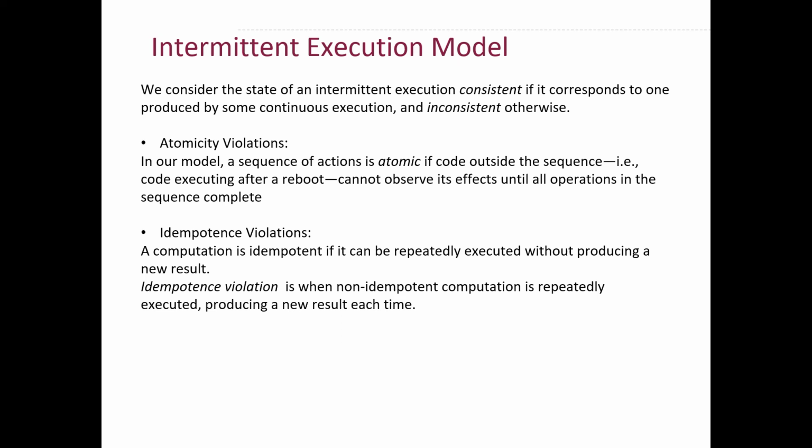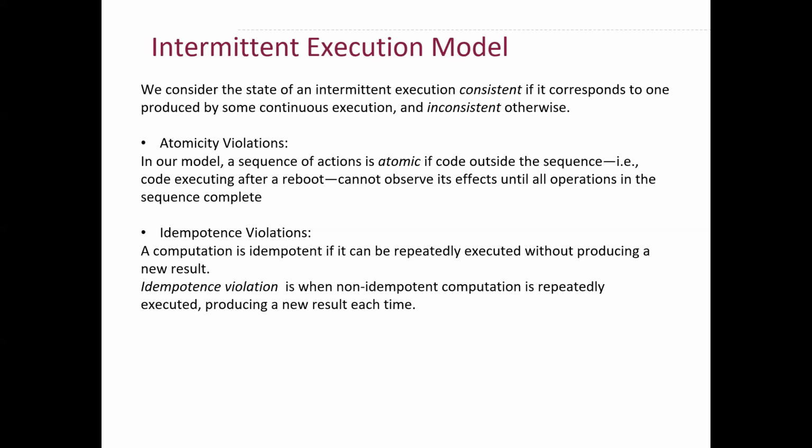Next is idempotence. A computation is idempotent if it can be repeatedly executed without producing a new result. So we say that an execution experiences an idempotence violation when non-idempotent computation is repeatedly executed, producing a new result each time.